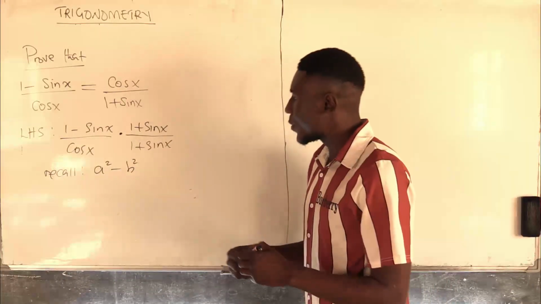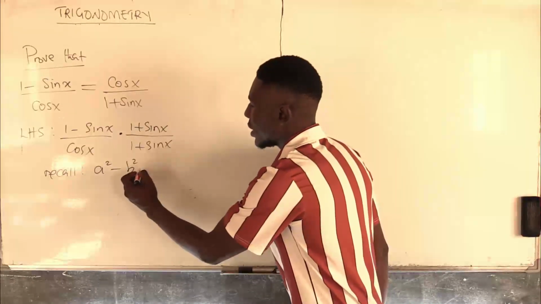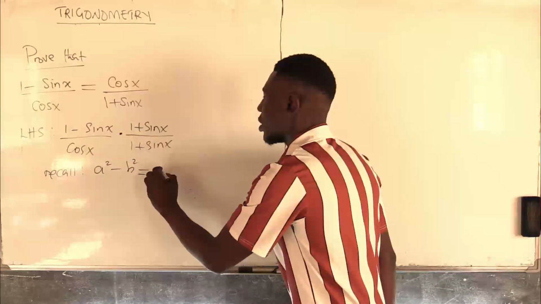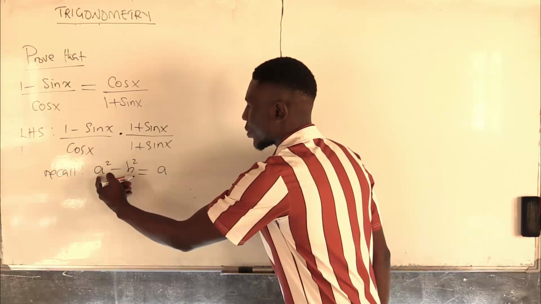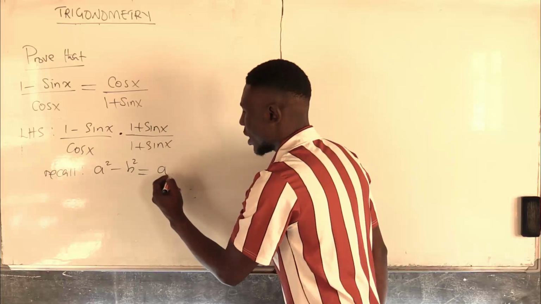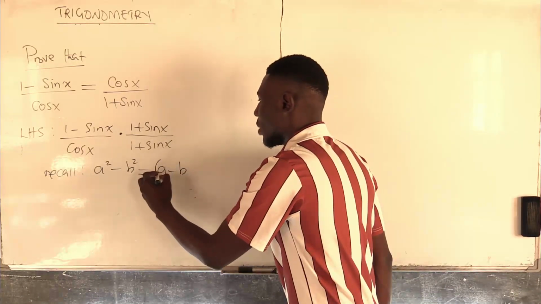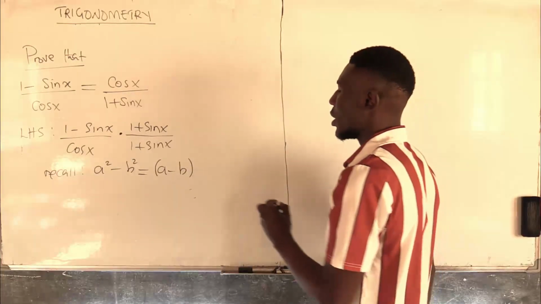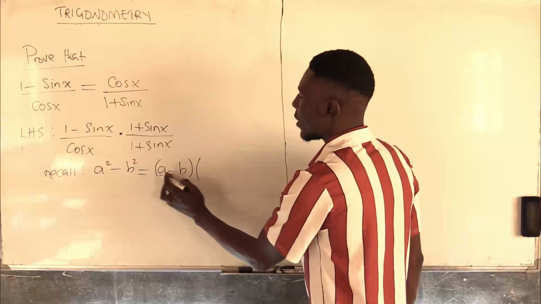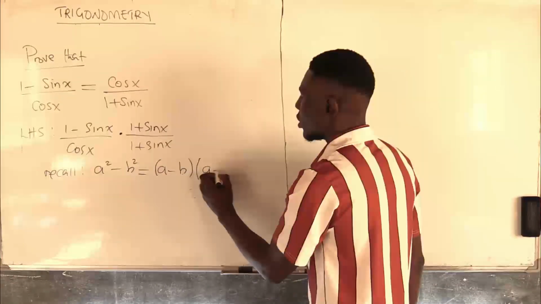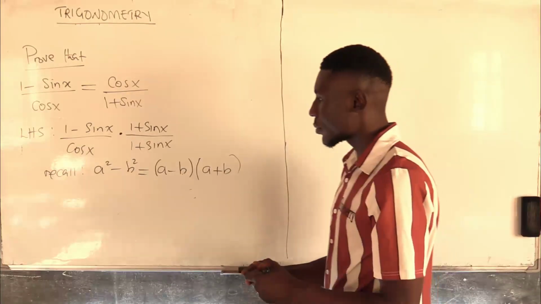If you have difference of two squares, this will result into: you get the first part without the square, use the sign, and the second part also without the square, put them into brackets, and then introduce another set of brackets, while you write the same values, but this time around you change the sign. You can start with this or that, it's still fine.